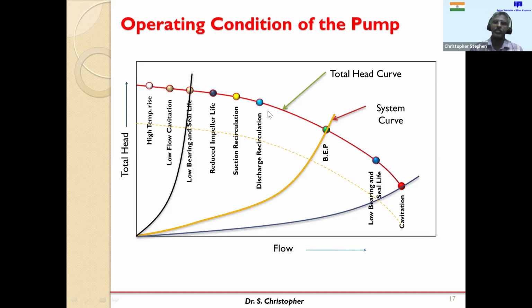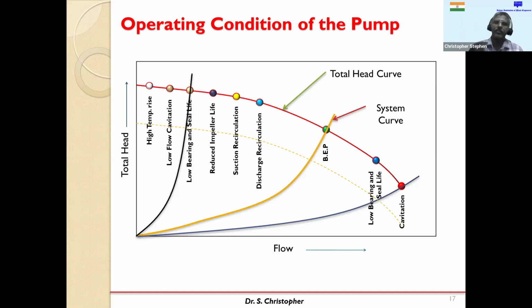Similarly, if the discharge is less, there will also be a problem: recirculation, the flow phenomena taking place within the impeller channel. Suction recirculation reduces impeller life, because assume that in a pipeline water is flowing and the outlet valve is partially closed. So water has to circulate within the impeller.